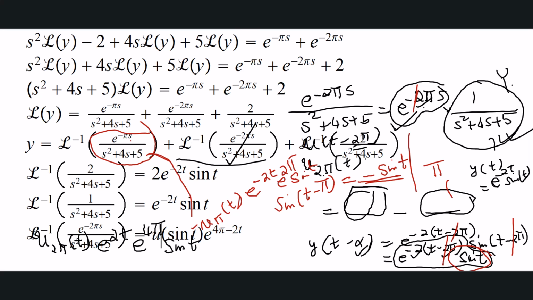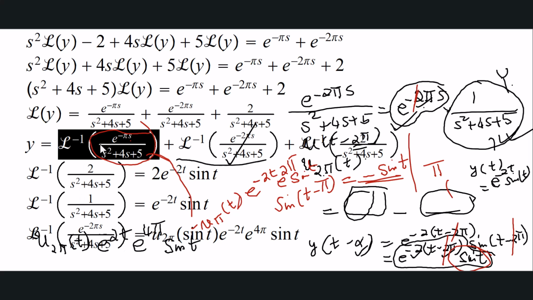That is u sub 2 pi, and then sine of t the way we wrote it, and this was e to the 4 pi as we have here, and before that we wrote e to the negative 2t. All right, so this part is taken care of, and likewise we will have this portion.